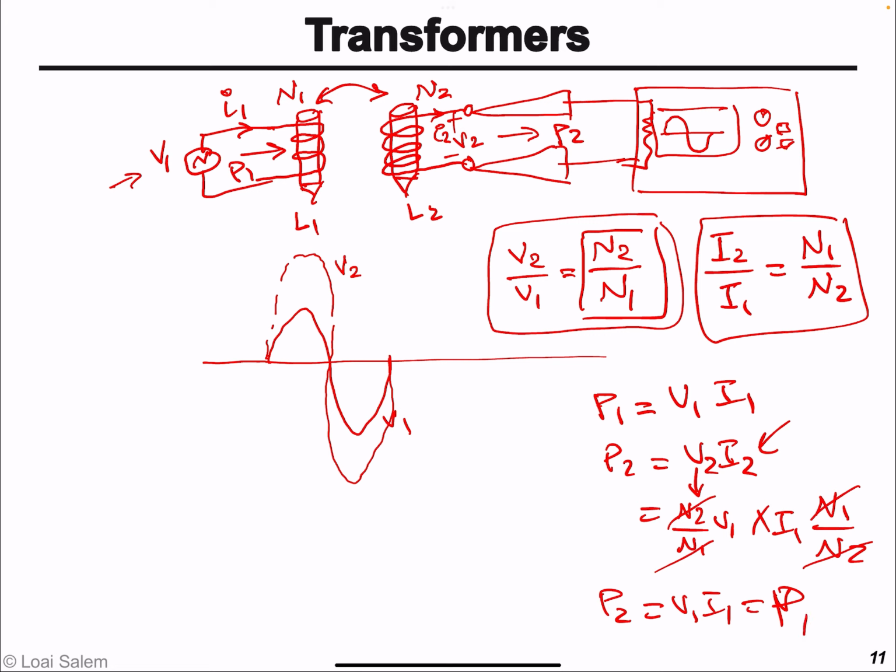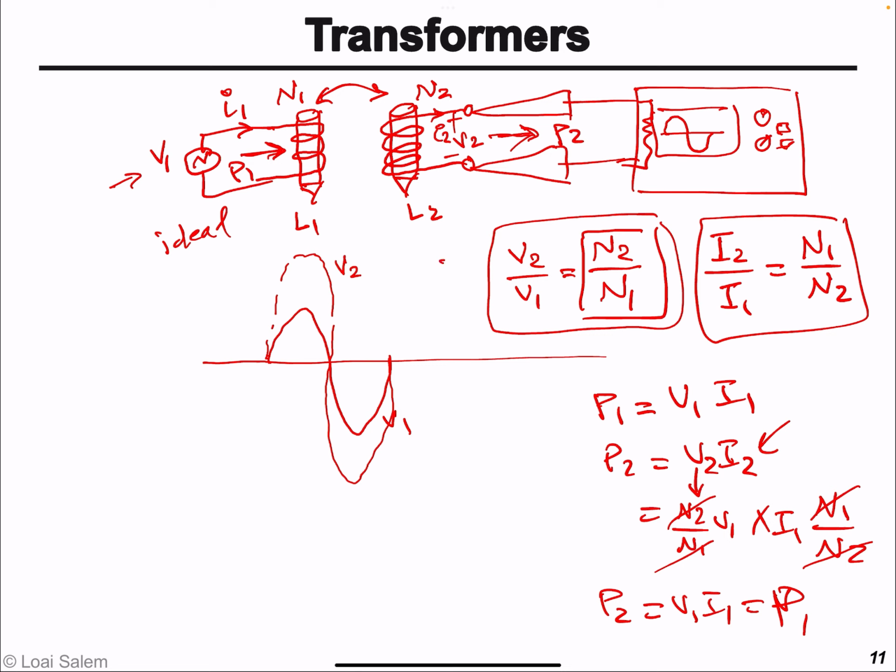So the power that's transmitted here equals the power that's received on coil 2, which makes sense. This is under ideal conditions, assuming lossless components, with no resistive losses.